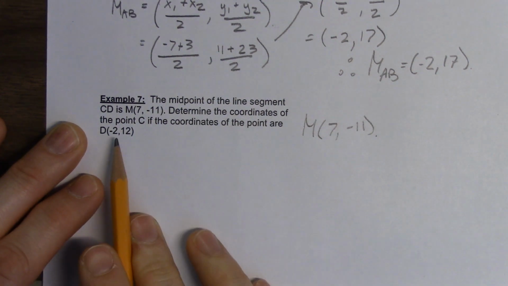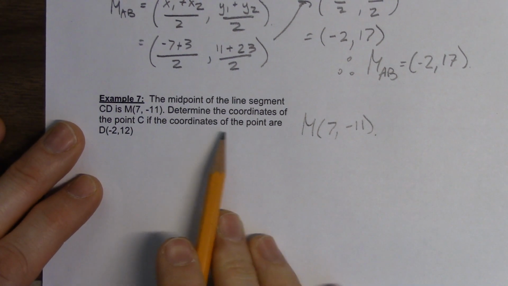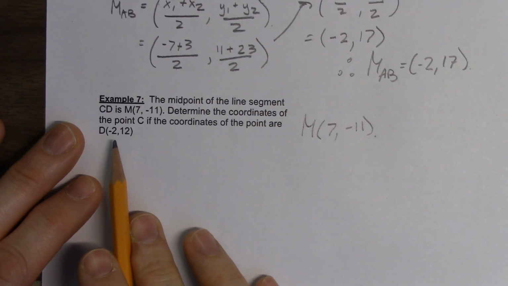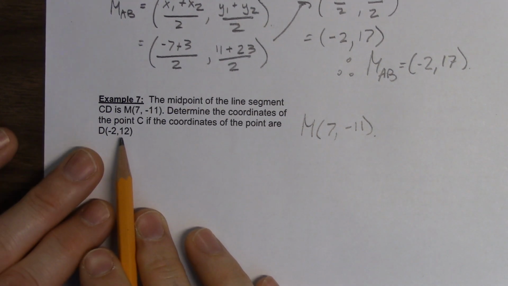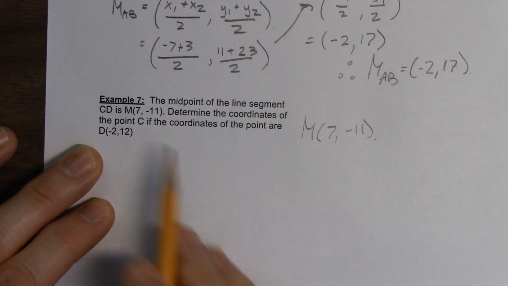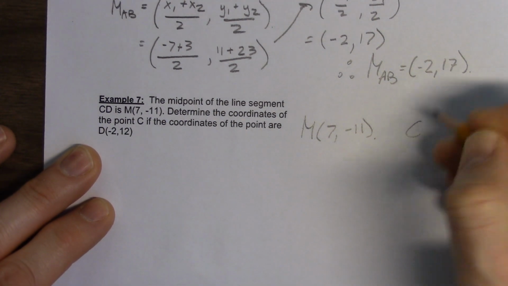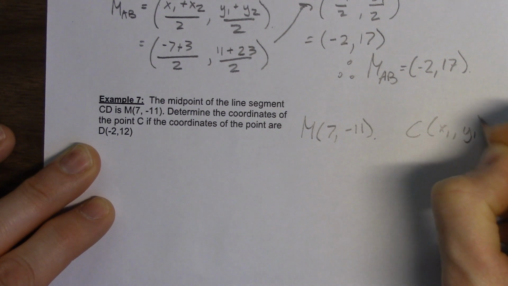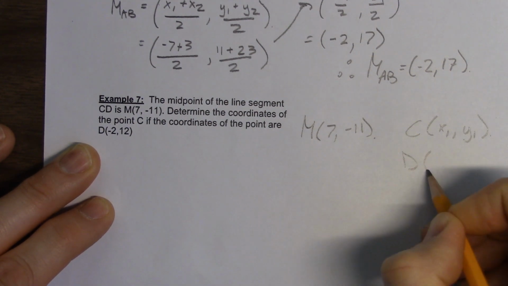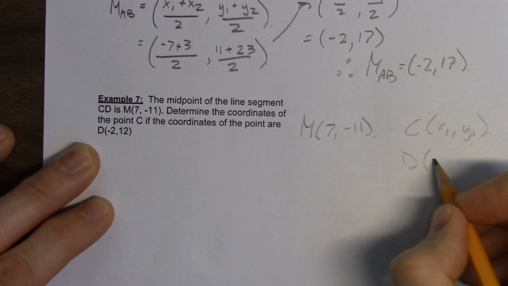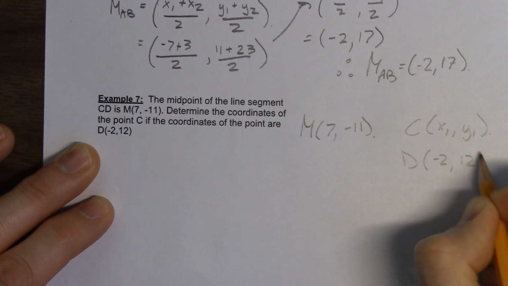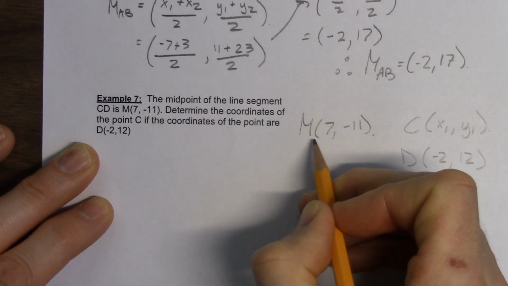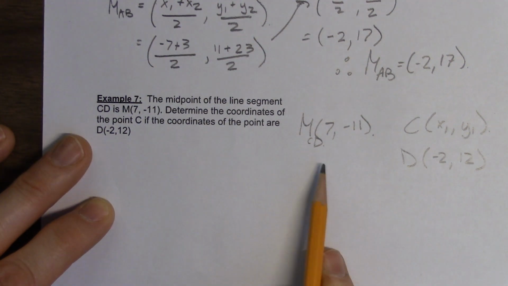Determine the coordinates of the point C if the coordinates of the point D are -2, 12. Okay, so we want to know C. And we know D. And we know the midpoint of CD is that.